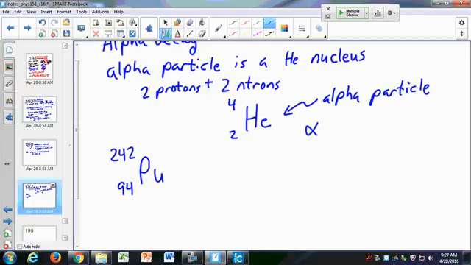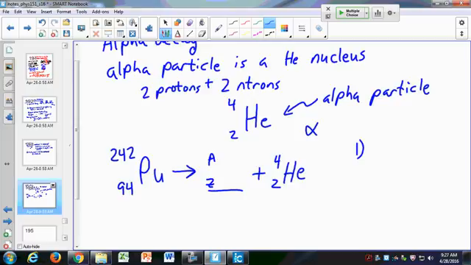So let's imagine that I have this decay equation. It's going to decay into something that has helium 4-2 in it. I want you to try to fill in this blank. I'll do a clicker question. We're going to have A and Z. First of all, tell me what A is.